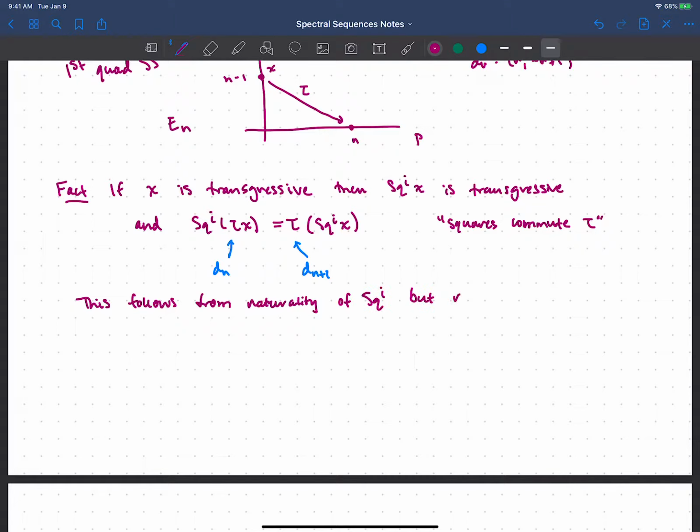The way that it's usually proved requires quite a bit of chasing through the diagrams in the construction of the Serre spectral sequence. We've talked about that a little bit, so that might be a nice thing to do.